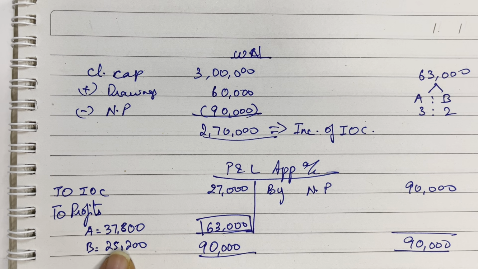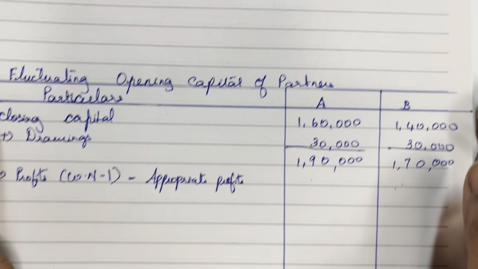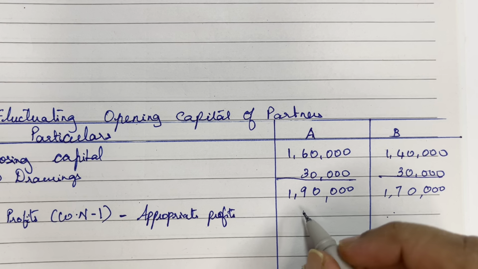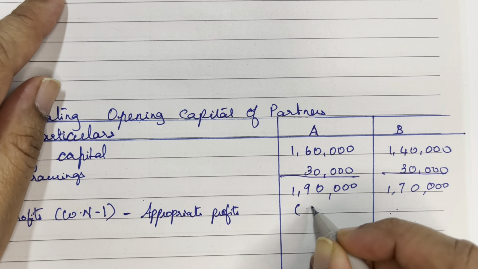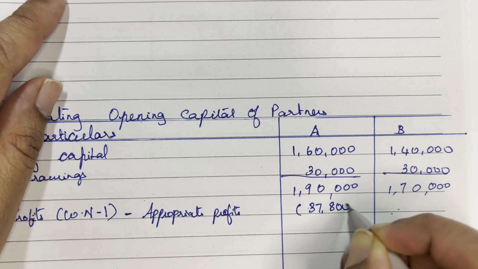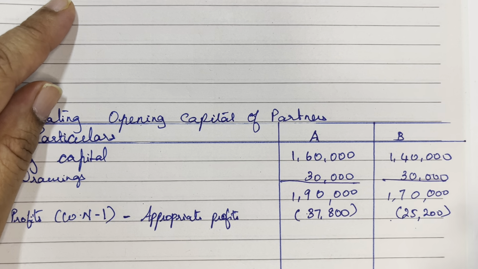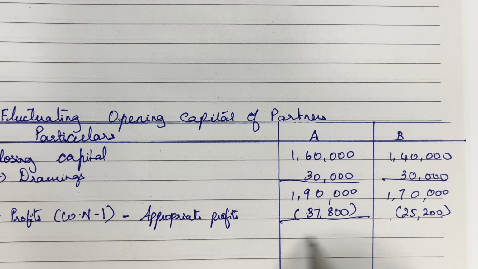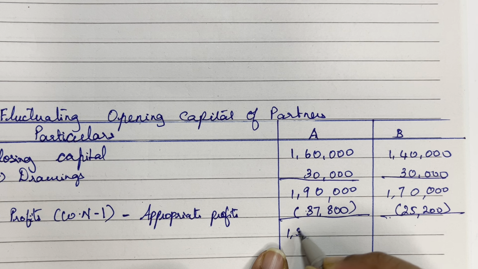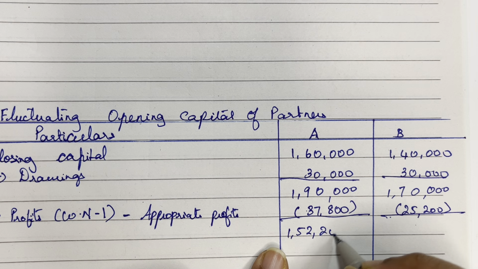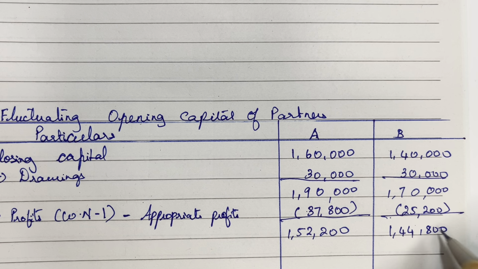Okay, so we'll bring these profit amounts into our answer. So less our profits of 37,800 and 25,200. Now we get 1,52,200 and 1,44,800.